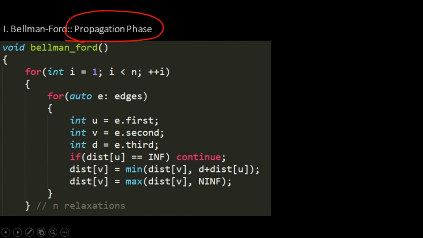This is the propagation phase. This is when we determine the answer in case there are no negative edges, or in case we have no negative cycles. So anyway, what does this step say?